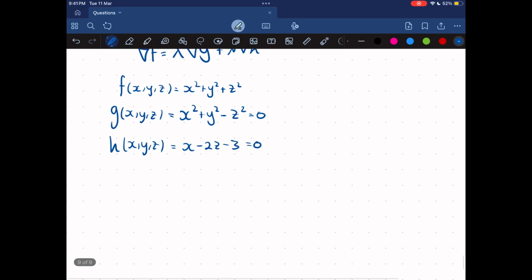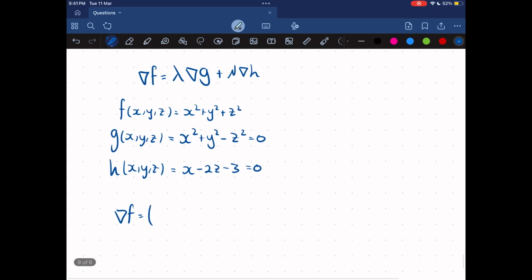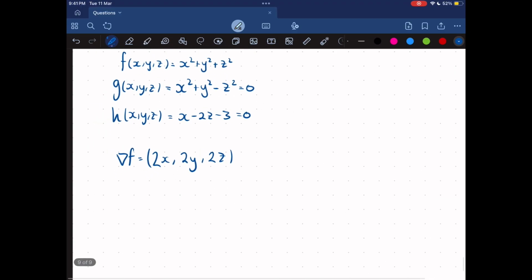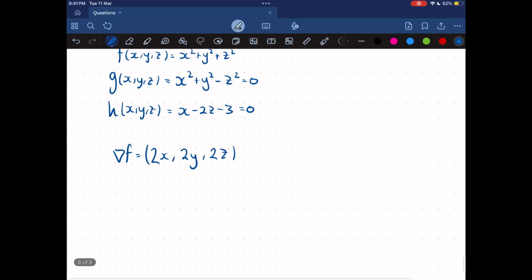So what I like to do is find the gradient of all these different surfaces. For f, it's going to be 2x, 2y, 2z, taking all the partial derivatives of x, y, and z. With g, the gradient of g is 2x, 2y, negative 2z.